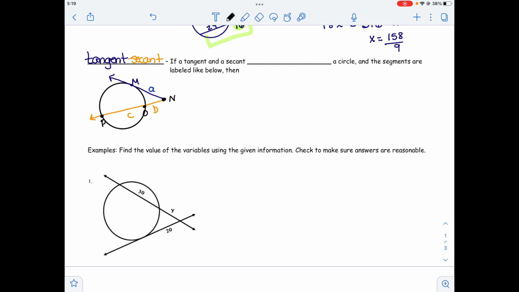If a tangent and a secant intersect outside a circle, and the segments are labeled like below, then we have another rule. So we take the A, so the piece that's outside, so A squared is equal to B times B plus C. So the A is our tangent line.